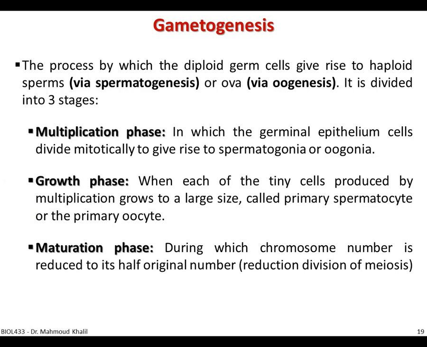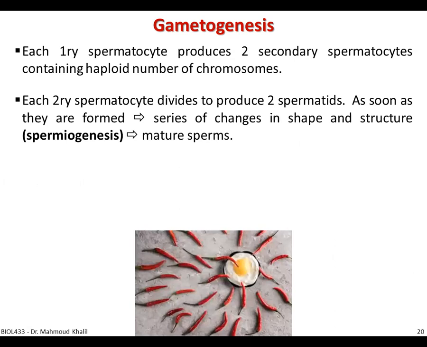While in the growth phase, each of these tiny cells produced by the multiplication phase, the spermatogonia or the oogonia, grows large in size, and in this case, it's called a primary spermatocyte or a primary oocyte. Finally, the maturation phase, during which the chromosome number is reduced to half its original number through meiotic division, or reduction division.